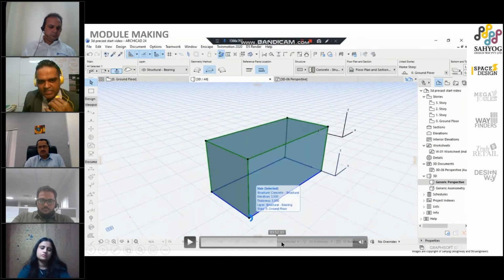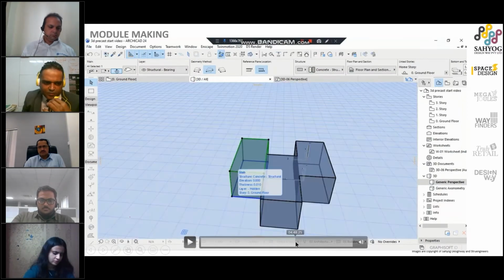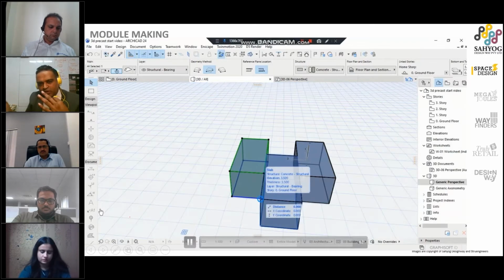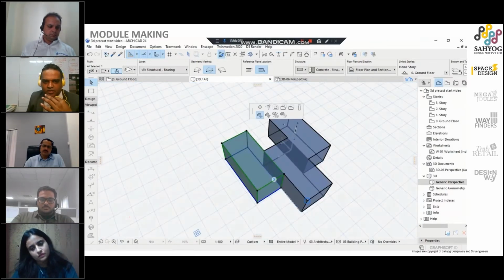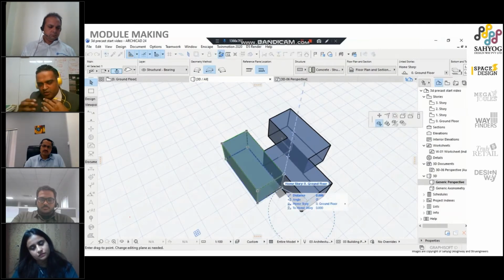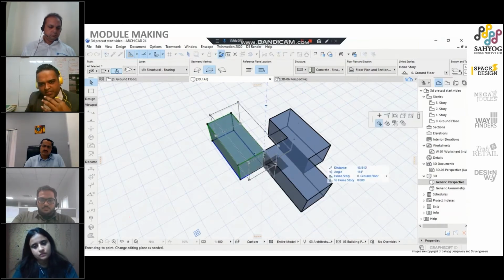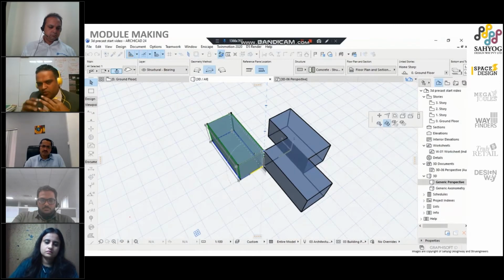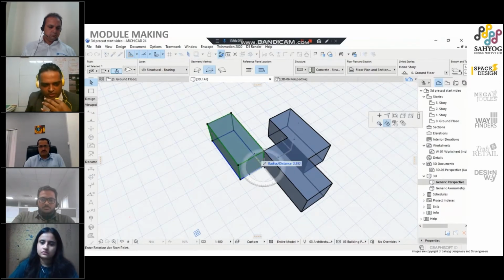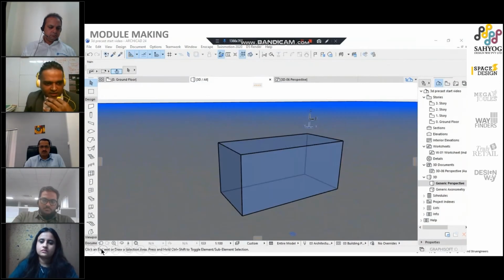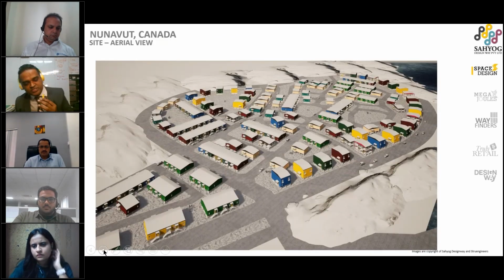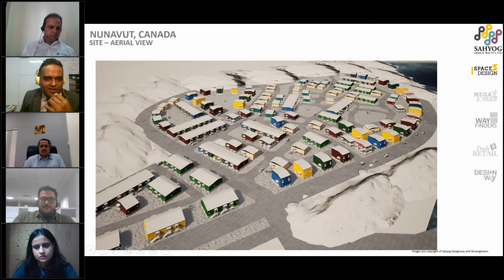So this is one demo of how you use technology to create this volumetric understanding, and when you run a simulation, you get the permutation combinations rightly, and you come up with a fair design solution.